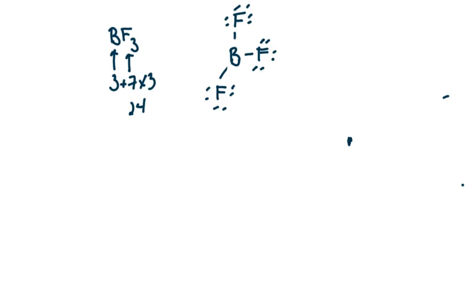Now we have 3 electron groups attached to that central boron. Each fluorine has a single bond, so that's 3 electron groups. And so the question is, how do 3 electron groups get as far away from each other as possible? Well, it turns out it's like the corners of a triangle. So the electron group arrangement here is called trigonal planar.